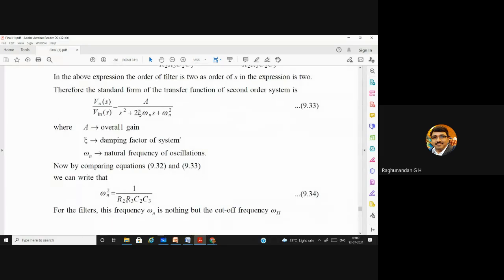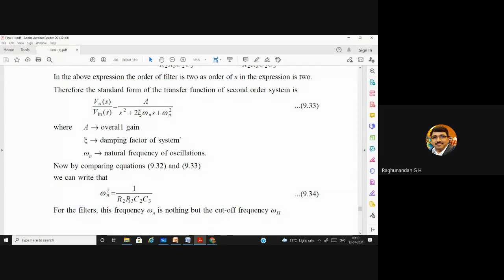Now, since omega n square is equal to 1 by R2, R3, C2, C3, we are going to substitute. Take the square root on both sides, we get 1 divided by root of R2, R3, C2, C3, and later on we substitute for omega n. So omega n is nothing but the higher cutoff frequency, omega h.